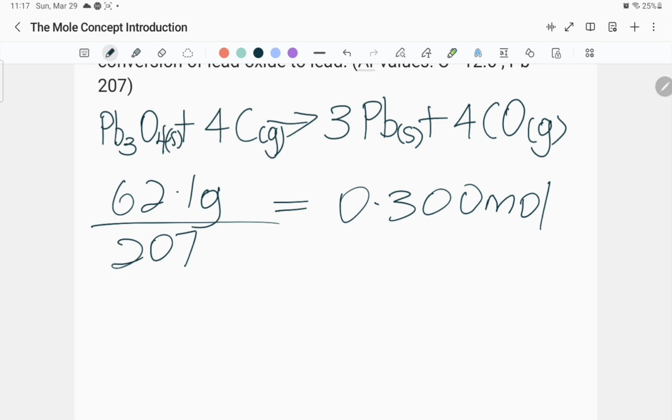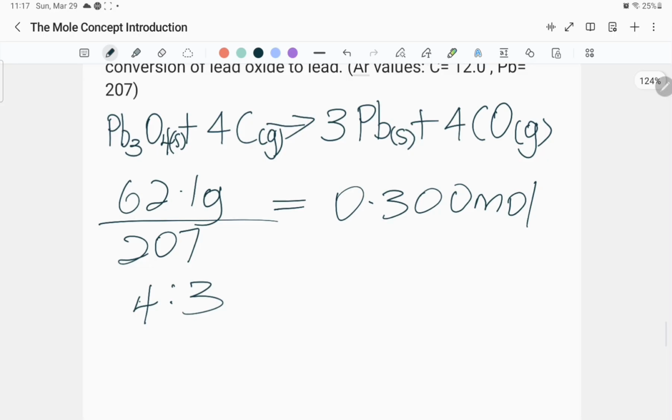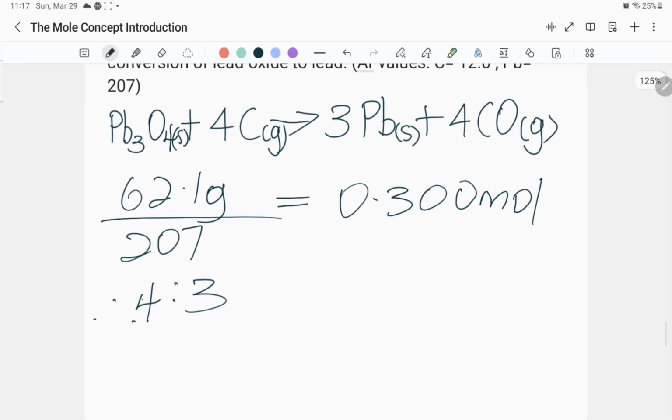Then we could use this balanced chemical equation to find the mole ratio between lead and carbon. Here we have a 4:3 ratio, right? And because we have this 4:3 ratio, in order to define how many moles of carbon there are, we have to find how much 1 mole of lead forms. Basically we take the 3 and divide it into the 0.300, and we end up with 0.100.